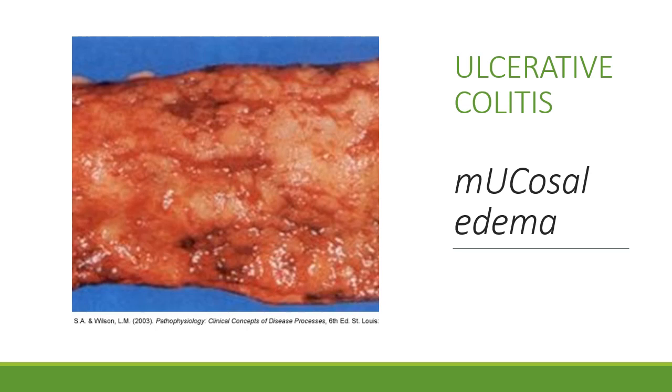Medication treatment for ulcerative colitis includes drugs like sulfasalazine, which is an aminosalicylate. Sulfasalazine is actually a pretty effective drug, but one of the things that you need to know about it is that it decreases absorption of folic acid.